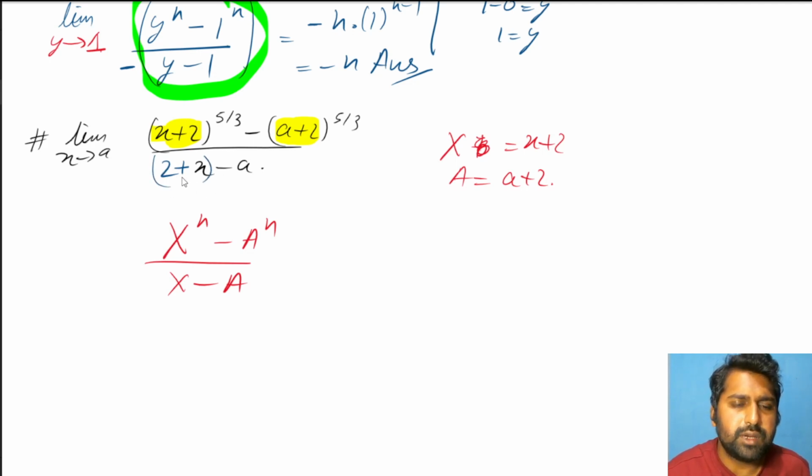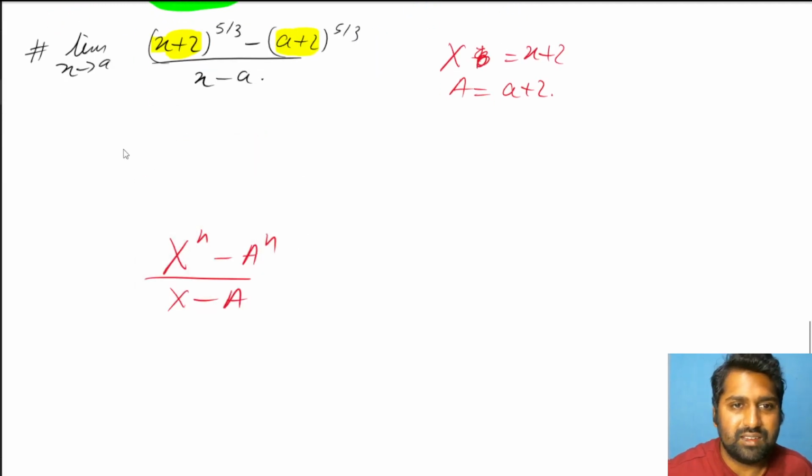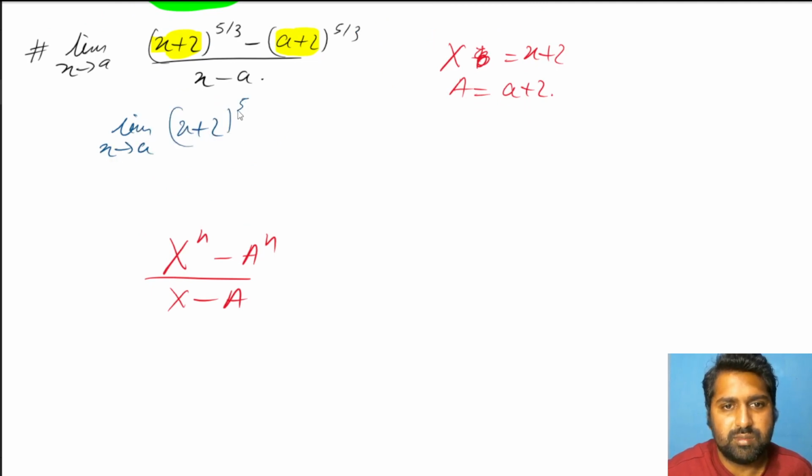And if I'm doing plus 2 here, I'll not change the question, I'll rewrite it, otherwise when you read it through notes it will create confusion. Limit x tends to a, x plus 2 raised to power 5 by 3 minus a plus 2 raised to power 5 by 3 upon x minus a.